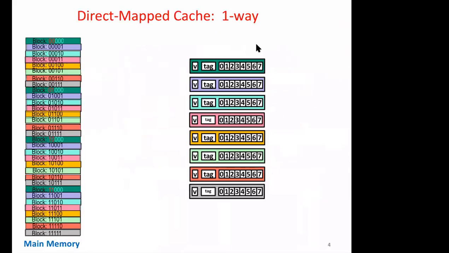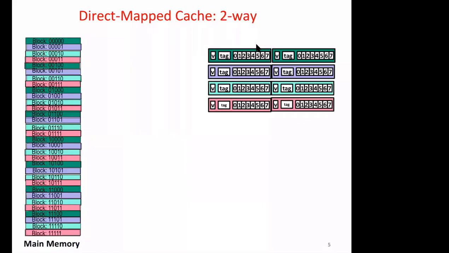So last class we studied the concept of how we structure the cache. We started with direct map cache, this is one-way cache. Then we moved on to two-way cache. This is not really direct mapped; a two-way cache is actually set associative.